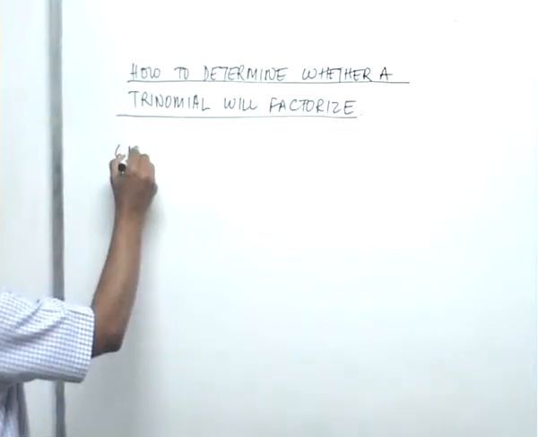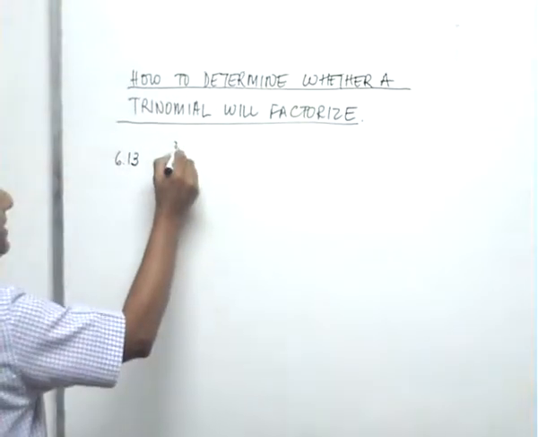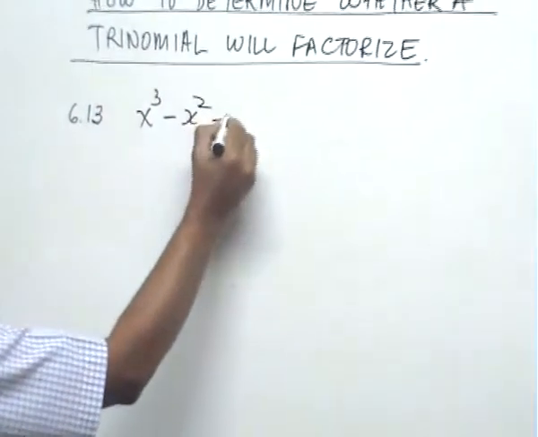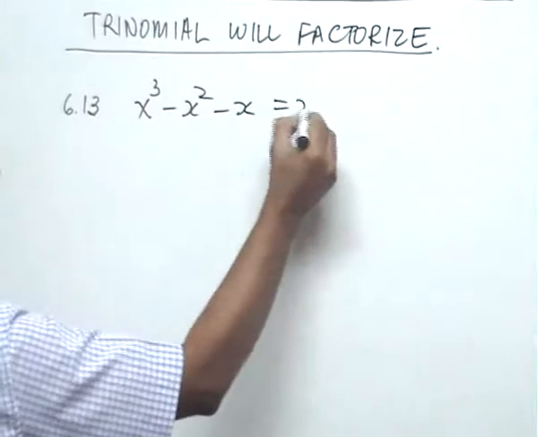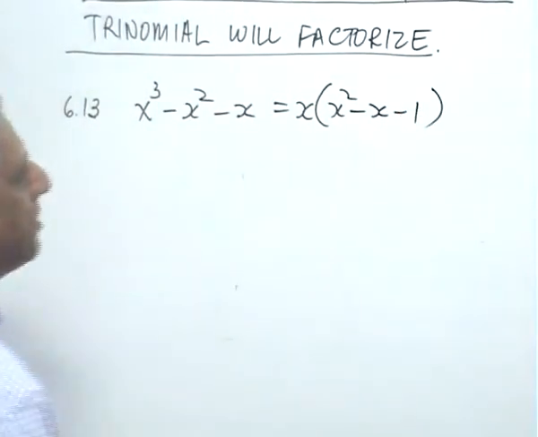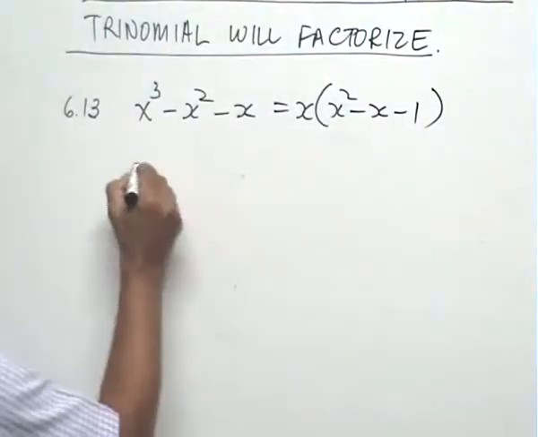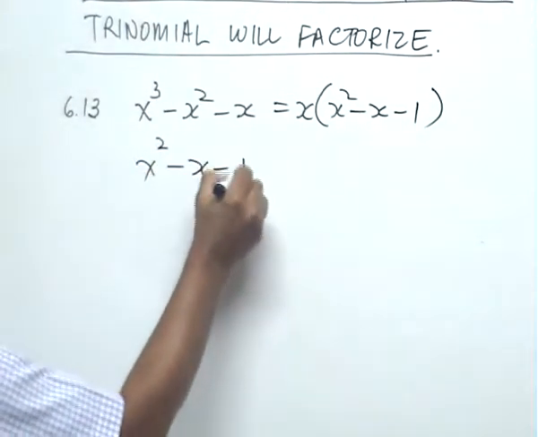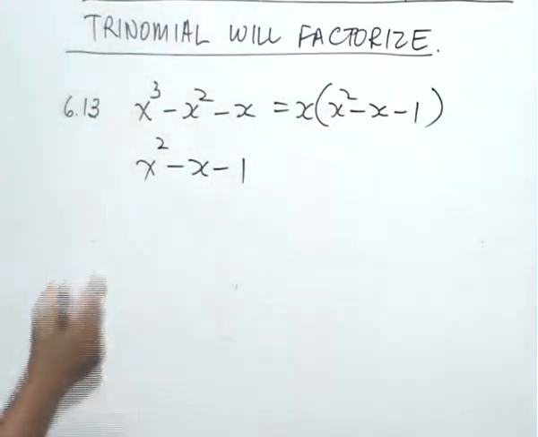Question 13. We had x cubed minus x squared minus x. We factorized it and we got x into x squared minus x minus 1. So in other words, the trinomial here is x squared minus x minus 1. That's the trinomial.